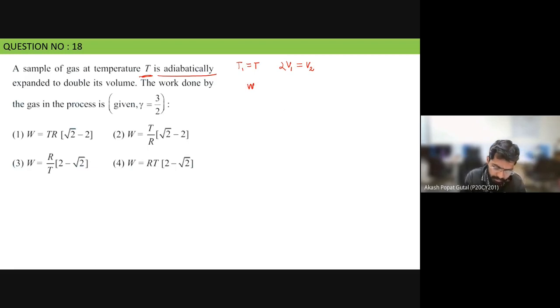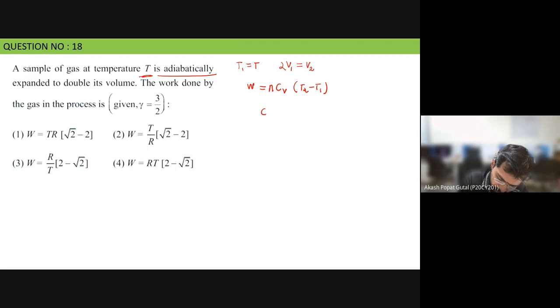So we know in the adiabatic condition, work done is n Cv into (T2 minus T1). And what we need to calculate is Cv. Gamma is given. We need to calculate Cv. Cv can be calculated as, gamma is Cp by Cv.